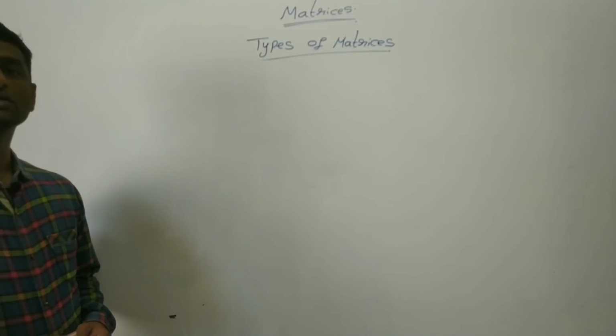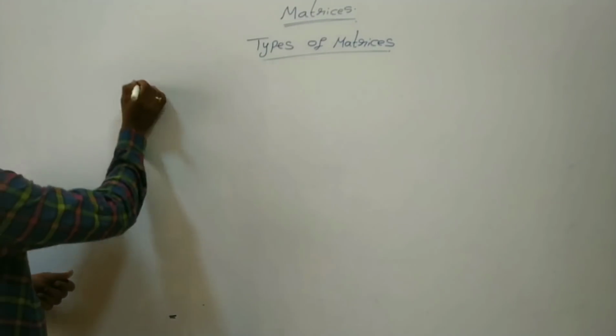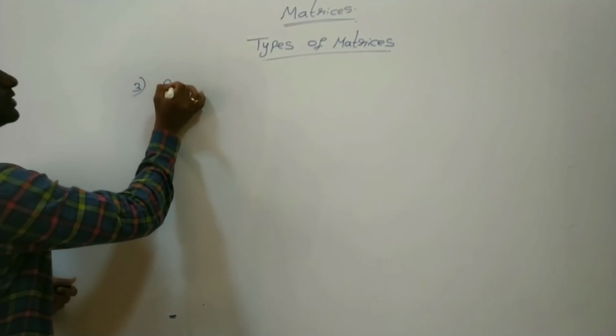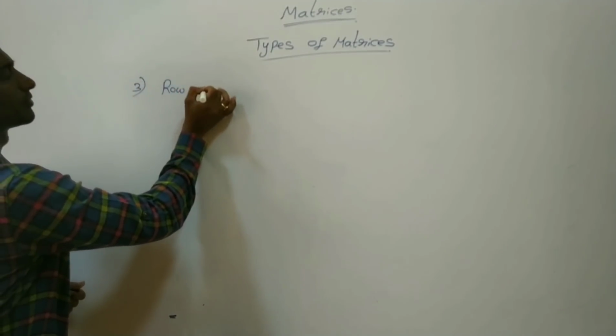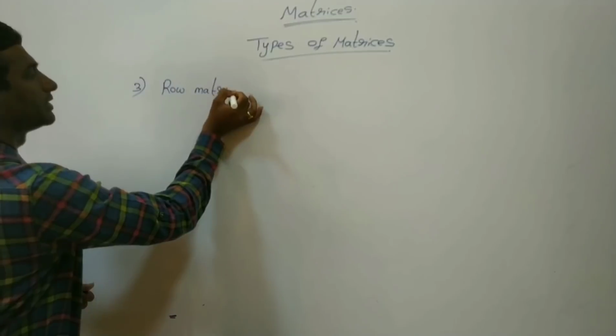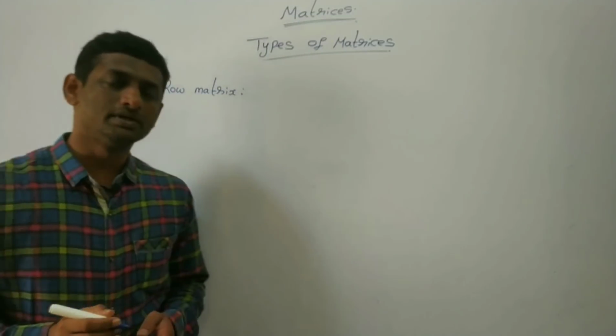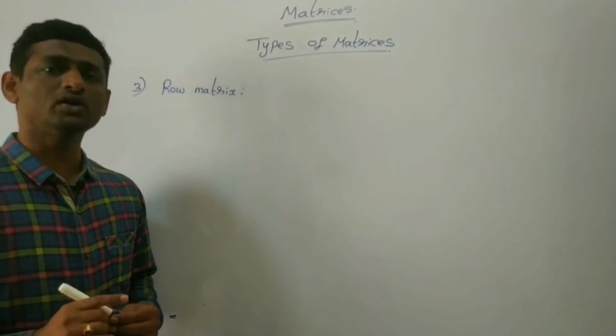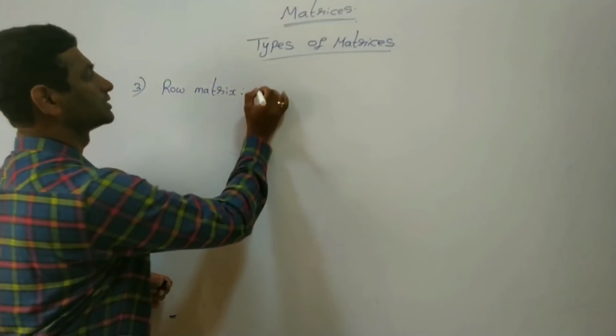Now we'll see the third type of matrix, that is the row matrix.